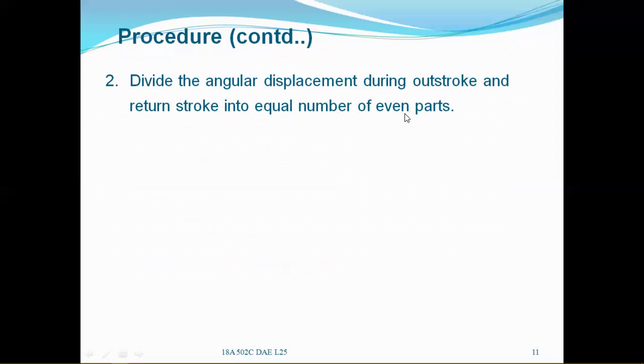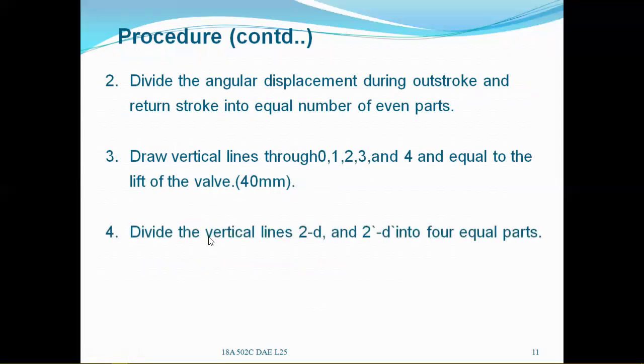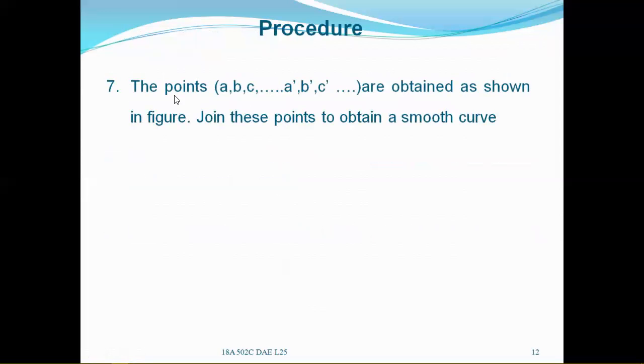So like this you have to divide the horizontal line and divide the angular displacement during outstroke and return stroke into an equal number of even parts, and draw vertical lines through 0, 1, 2, 3, 4 equal to the lift of the valve or follower, that is 40 mm, and divide the vertical lines 2D and 2 dash D dash into 4 equal parts. The points A, B, C, D and A dash, B dash, C dash are obtained as shown in the figure.